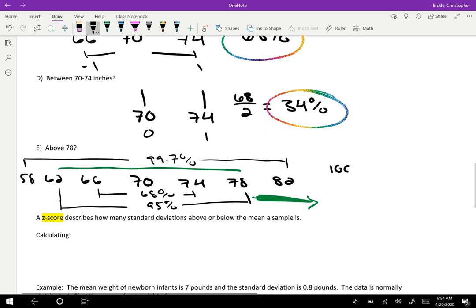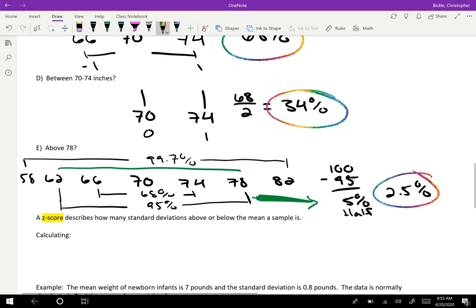So if I subtract that 95 from the 100, that gives me the 5% that's left total. So there's 5% outside of 62 and 78, but I don't want all of that. If they said, what percentage is below 62 or above 78, I would have 5%. But that's not what they asked me for. They asked me how much is above 78. So I actually only want half of that. So half of that 5% is about 2.5%.